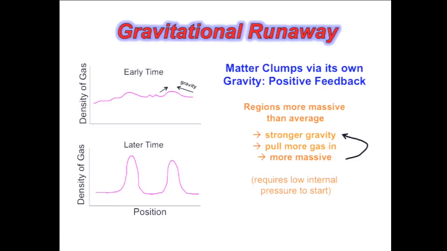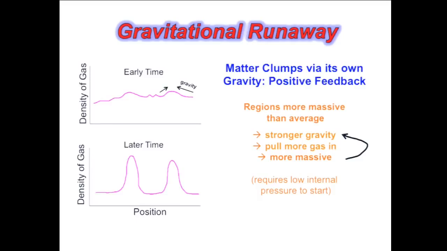And so it's a runaway process. The regions that initially have more stuff are the regions with stronger gravity that pull more stuff in, so they get more massive, so they have stronger gravity, so they pull more gas in, so they become more massive. And you can see that this is a positive feedback loop, analogous to the positive feedback loops you talked about in section this week.